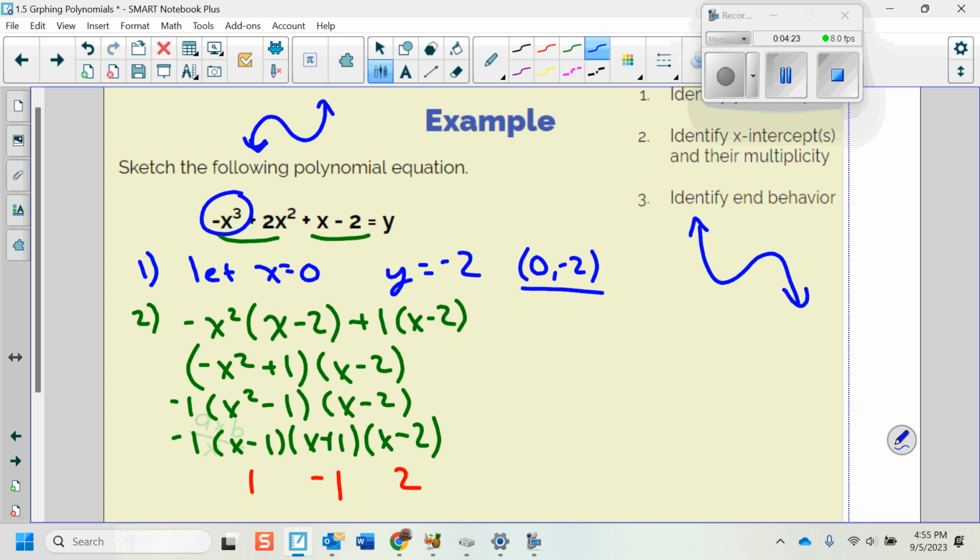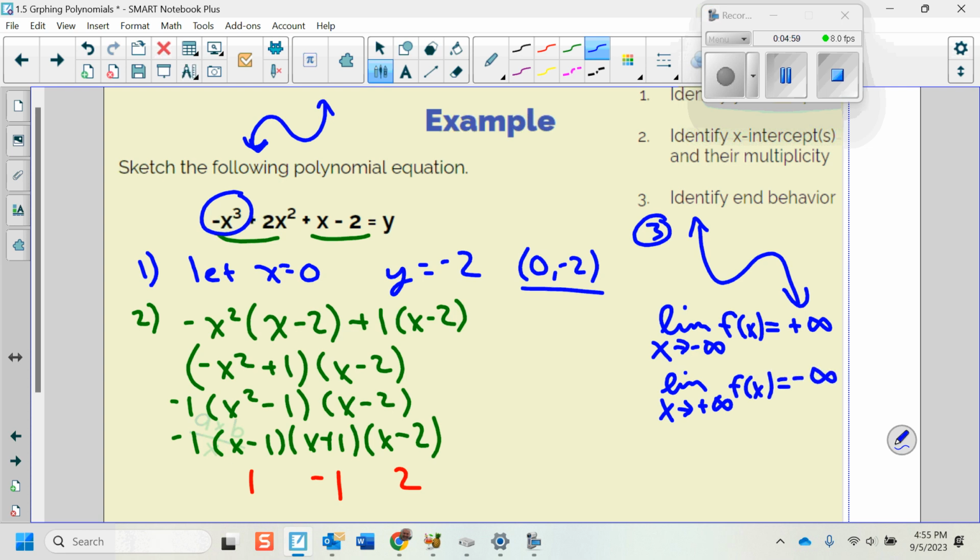For my 3rd step, identifying the end behaviors, I would say the limit as x approaches negative infinity for this function equals positive infinity. That's from the left side. And from the right side, the limit as x approaches positive infinity of f of x is going to equal negative infinity. So those are my end behaviors.